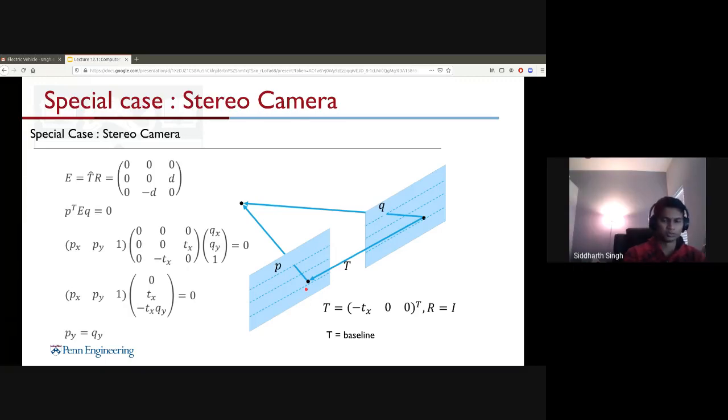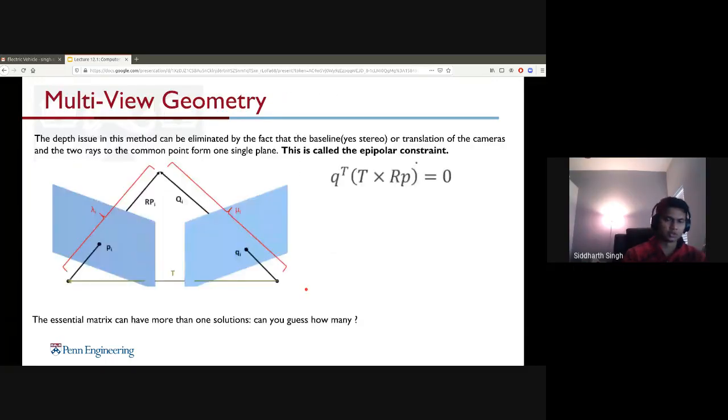Fair enough. Now at this point, there has been a shift from what we were talking about in multi-view geometry before, which is this, to what we are trying to find now. Before, what we said was that I have eliminated the lambda and the mu, and having eliminated that, I can now find the translation and the rotation.